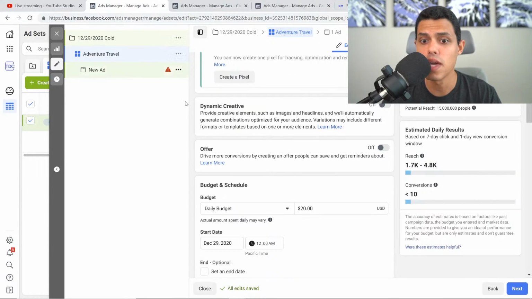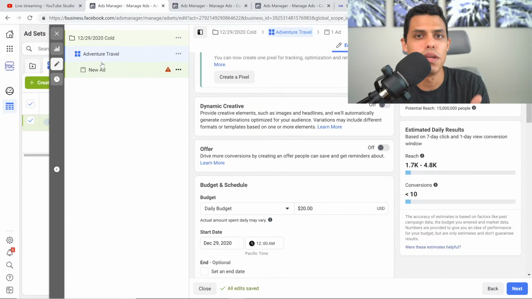This means that if I'm making 5 different ad sets, I'm spending $100 per day on Facebook ads. Okay, so right here this is 20, and then I'll have a different interest with another $20, etc., until I have 5 different ad sets. Okay, so again, depending on the price of your product, it will depend on the actual budget.